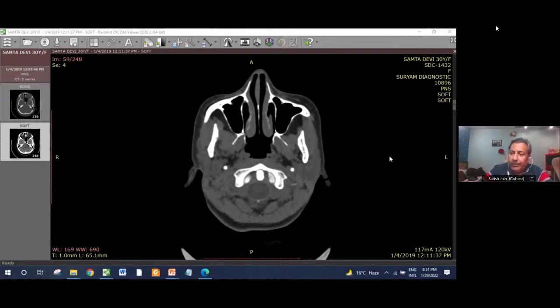Greater wing forms the floor of the middle cranial fossa by and large, and extends far laterally on both sides. All those major foramina through which the neurovascular structures travel from intracranial to extracranial are passing through the greater wing. So greater wing is a thick bone forming the floor of the middle cranial fossa.